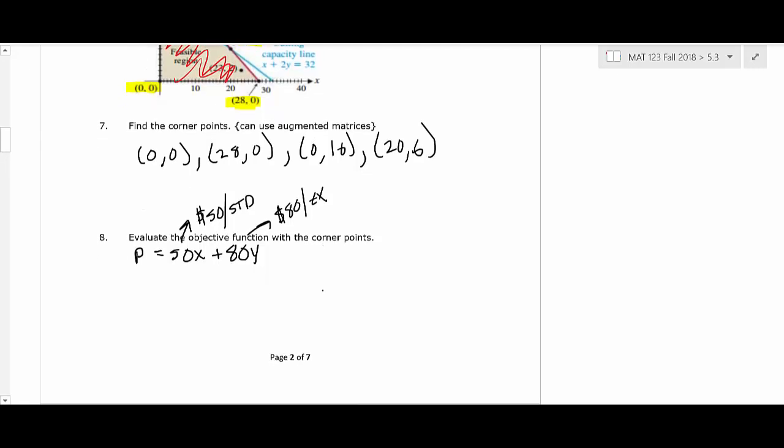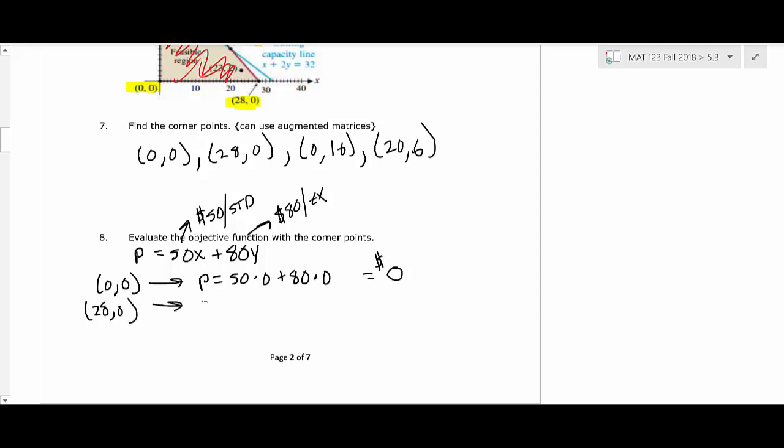So here's what you do to finish up linear programming problems. It's real easy. What you do is you just plug in the corner points into the objective function. Okay, the first one, if you did 0, 0, you'd have 50 times 0 plus 80 times 0, which would be $0. So you're not getting any profit off of making nothing, obviously, right? Then you can take the next one, which is 28, 0.